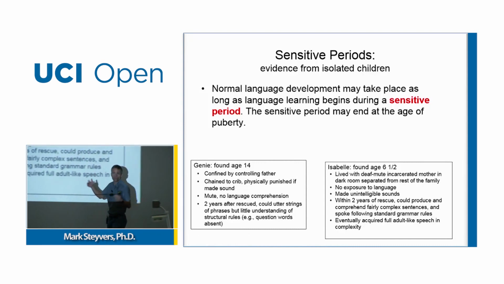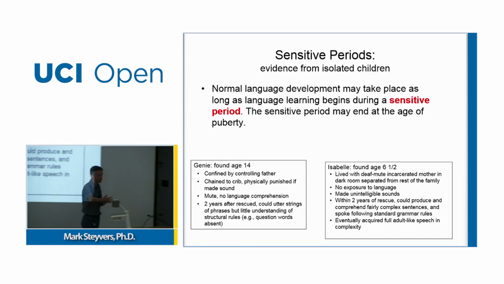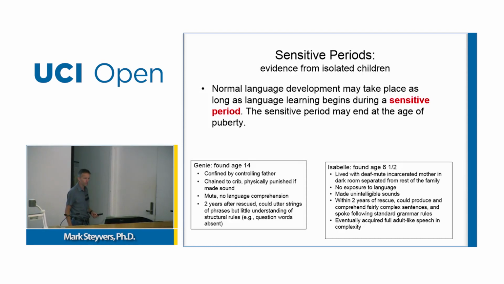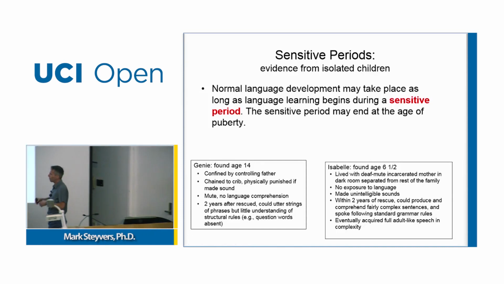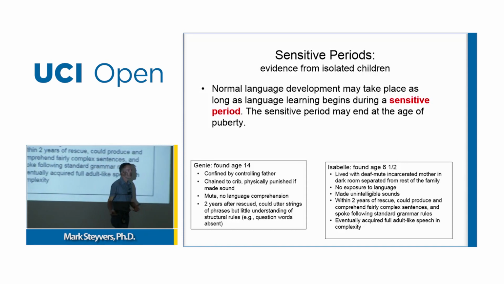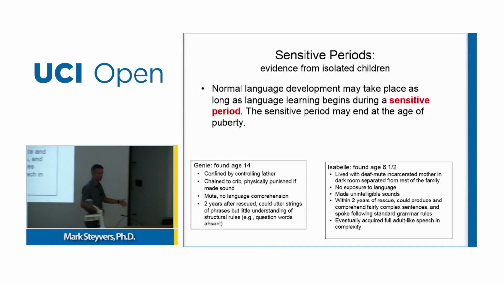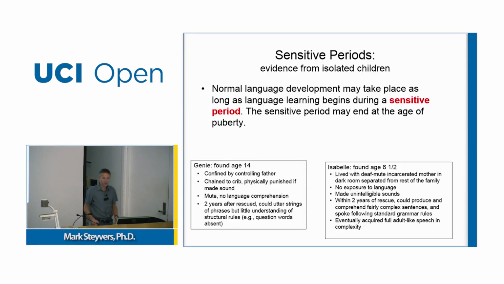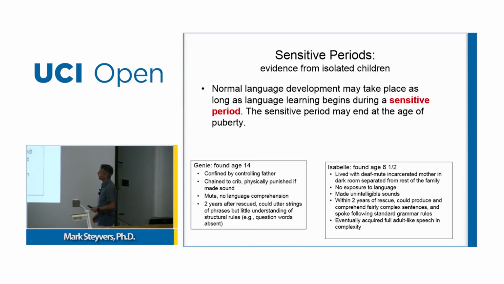The father didn't like language or language muttered by the child. She was found at the age of 14 and put in a nice, caring environment, exposed to a rich linguistic environment. But Jeannie never recovered from this early lack of exposure, and she never really learned the rules of grammar. On the other hand, Isabella, another famous case, was found in the 1930s at age 6½.